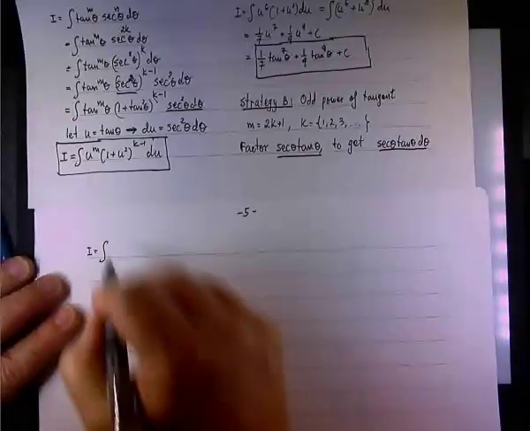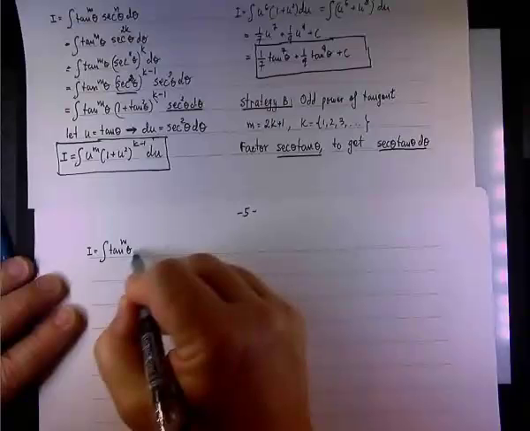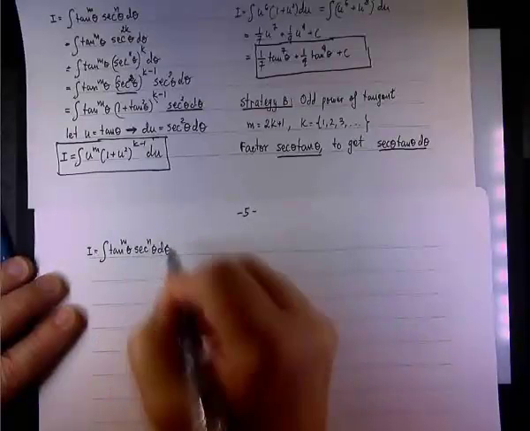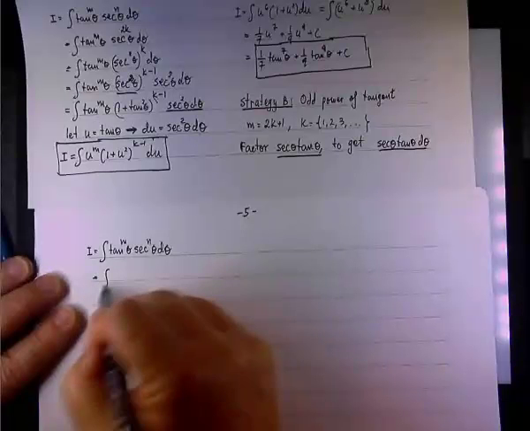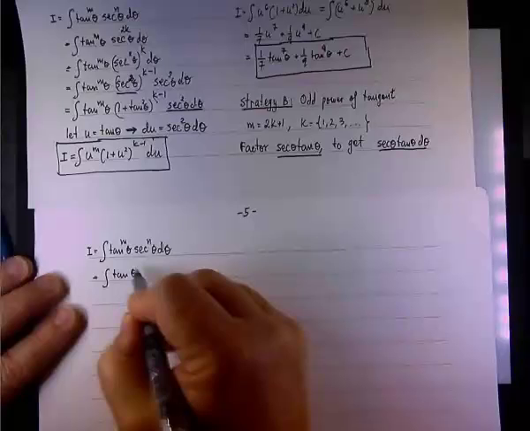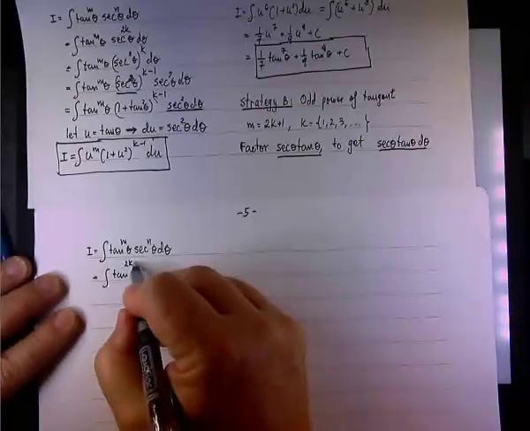The integral I, tangent theta to the m power, secant to the n, and if the m is an odd number, then we have 2k plus 1.